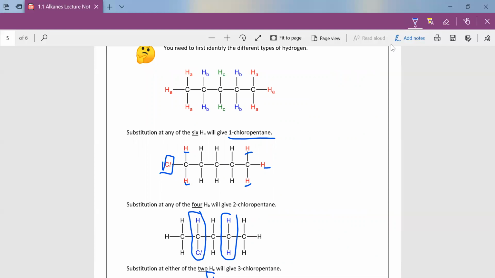A crude way is to ask yourself, if I got a substitution at this hydrogen, what will be my product formed? And remember the actual shape of this alkane is 1, 2, 3, 4, 5, and these 3 hydrogens and these 3 hydrogens are rotatable, they are all the same.